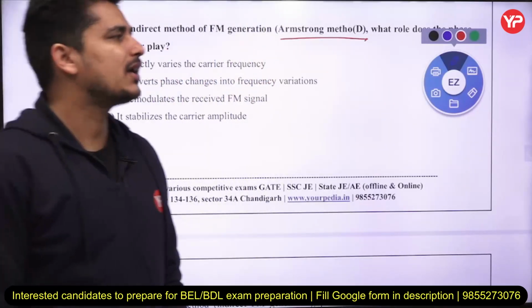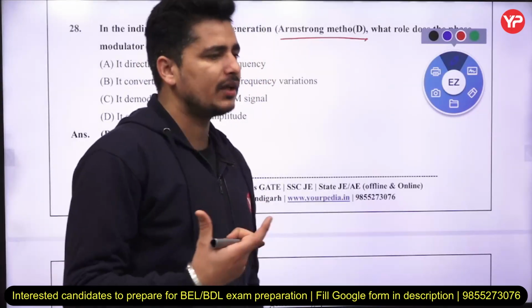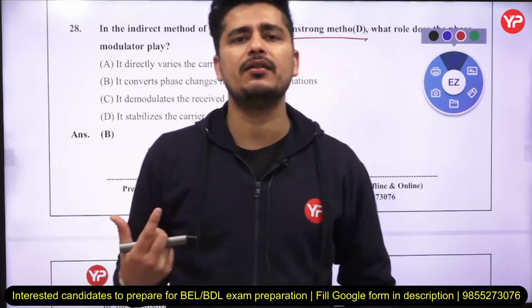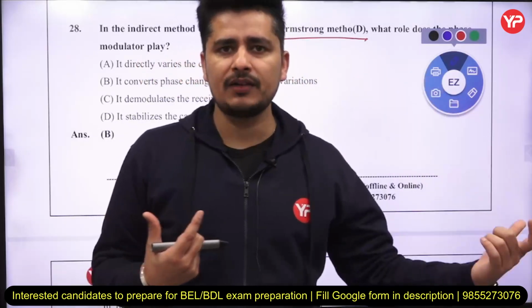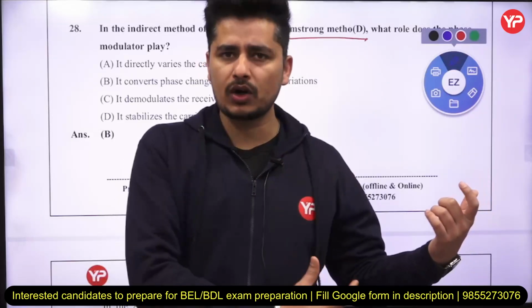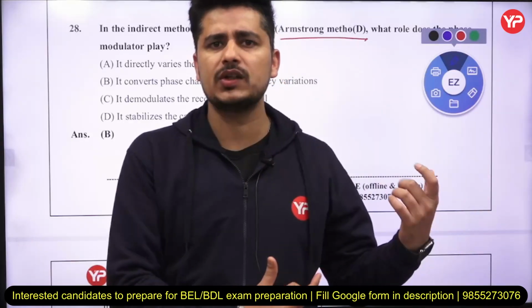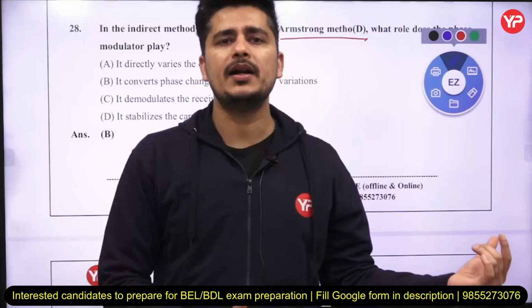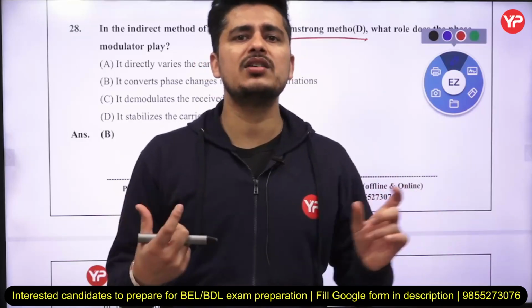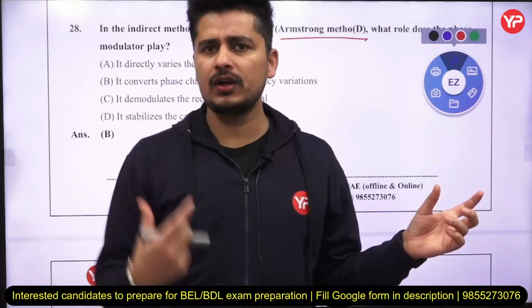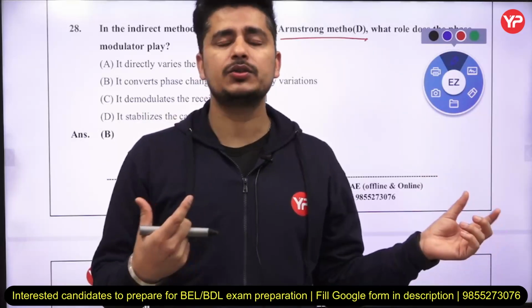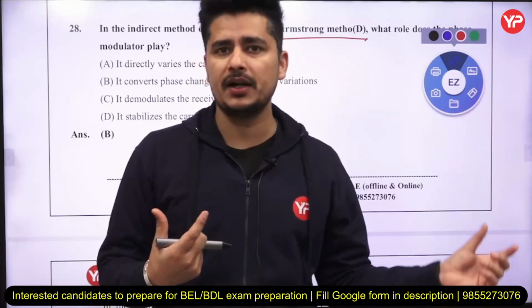First we generate a narrow band FM whose modulation index is very low. Then with the help of a frequency multiplier and local oscillator, we convert that narrow band FM to a wide band FM.